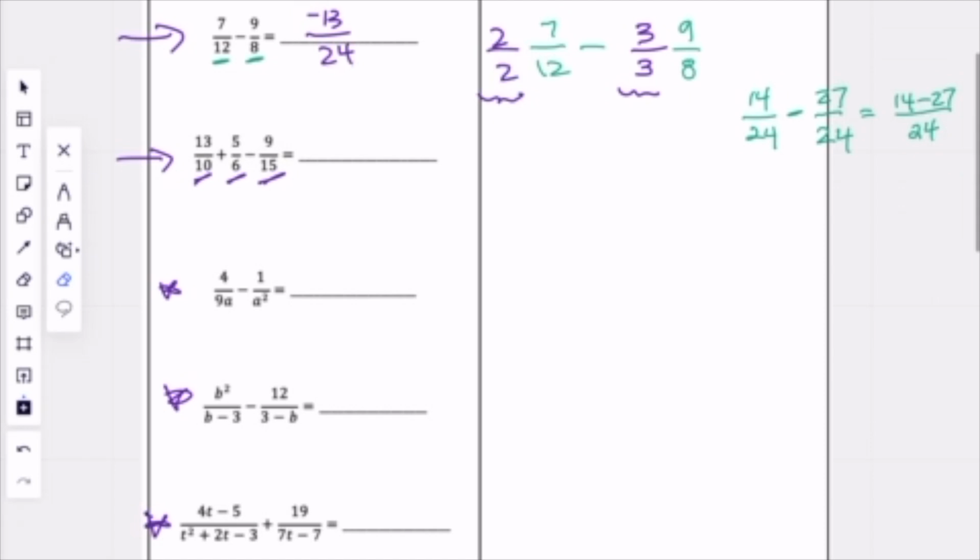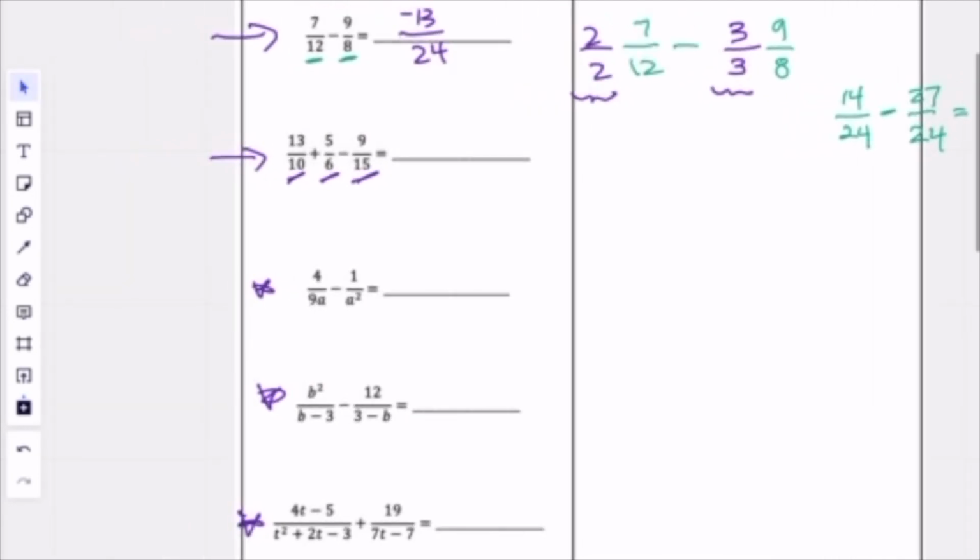So let's think about multiples of 15. 15 times 2 is 30. Is 10 a factor of 30? Why, yes it is. Is 6 a factor of 30? Indeed it is. And so that will be our least common denominator, which is going to be 30.